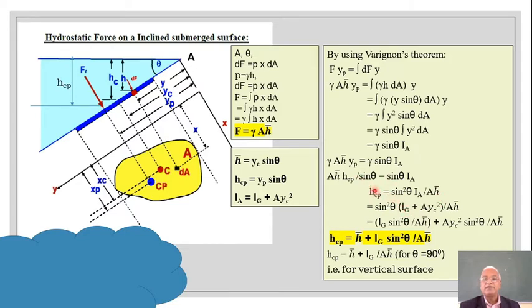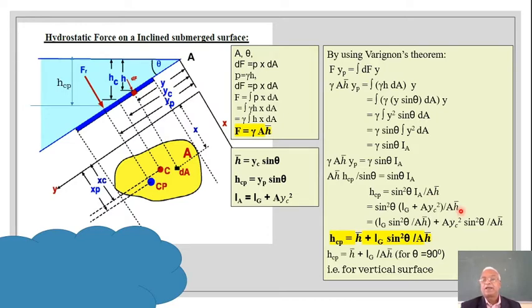Now hcp, the depth of center of pressure, the point where the total force is acting, is equal to sine squared theta IA divided by A h bar. But IA, moment of inertia for this axis, is equal to moment of inertia for centroidal axis plus A yc squared. So I'll substitute for IA as Ig plus A yc squared divided by A h bar.